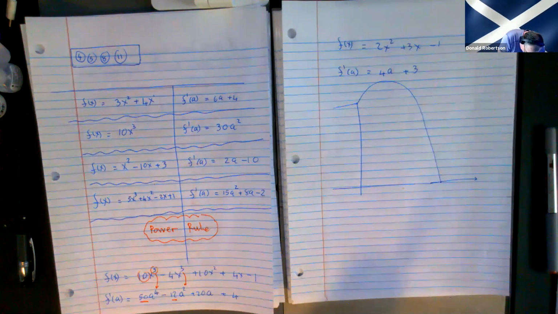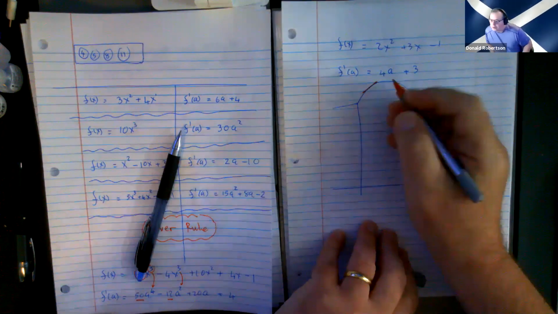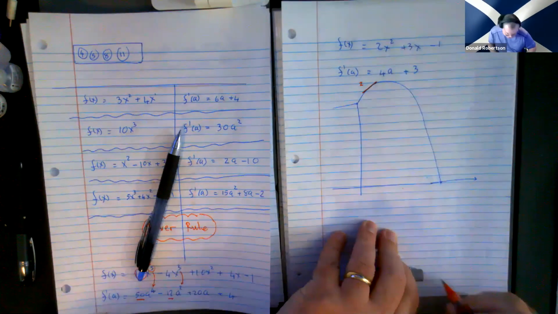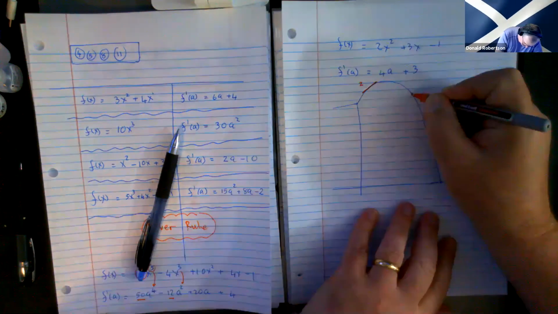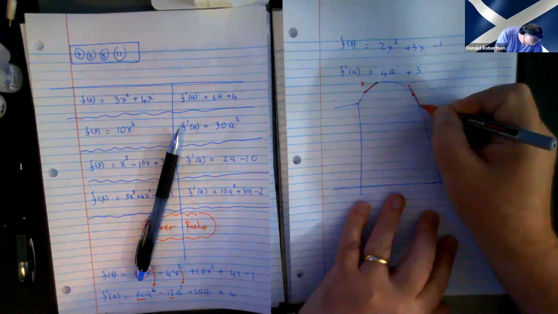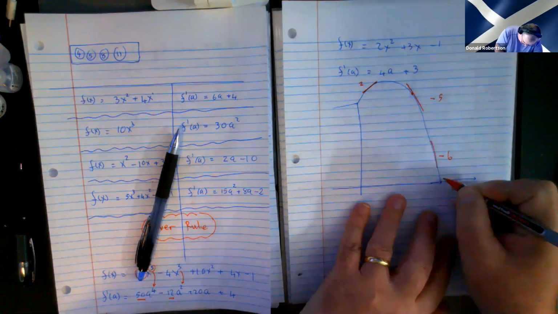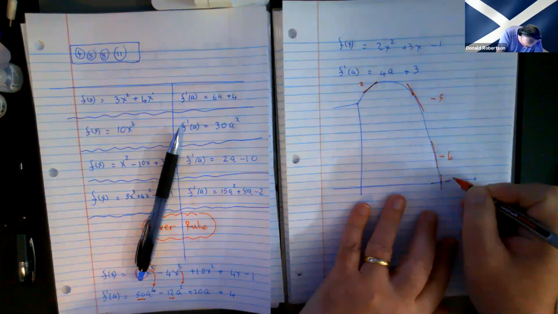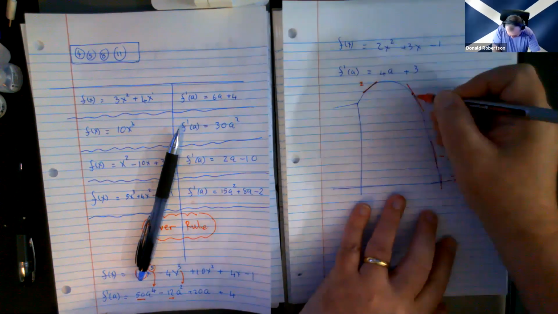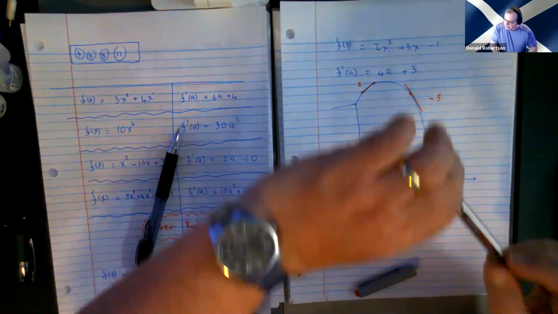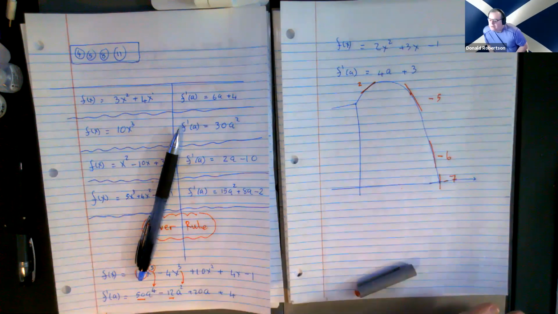At this point here, the slope might be 2. That means you're going upwards at 2 meters a second. At this point here, the slope is negative, so that might be -5. Here it might be a little bit steeper, -6, and then when you finally hit the ground, it might be -7. As you travel from here all the way around to here, the slope of the tangent line, that number that represents the slope, is telling you the velocity at any given point.